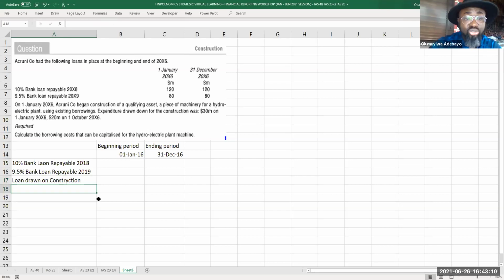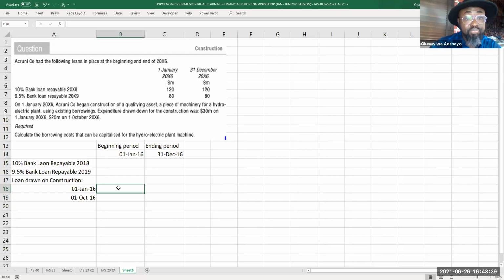The loan drawn on construction as at 1st of January 2016 was 20 million, and the one for 31st of October 2016.